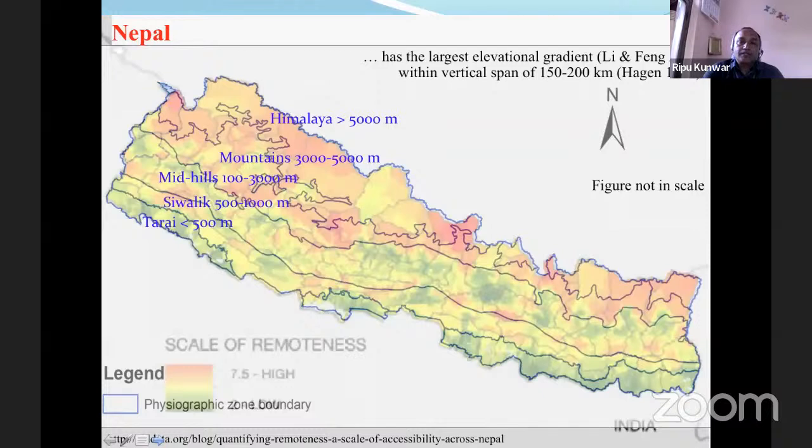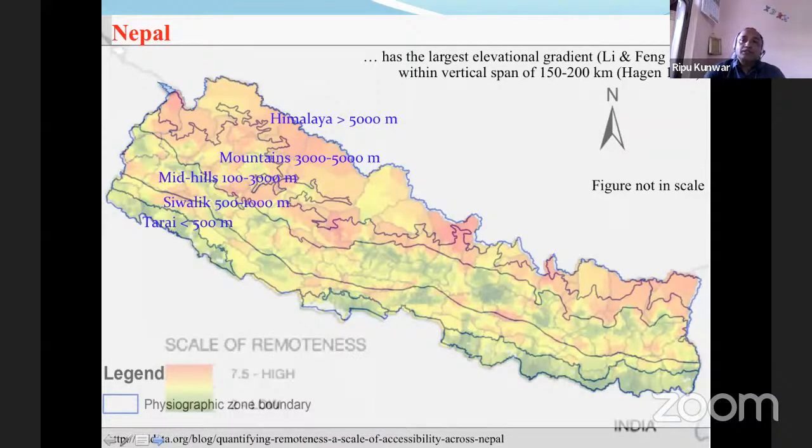Here is the elevation gradient. This is the data available on the USAID website, and this figure gives us the remoteness index of the country. Most of the northern part of the country is relatively inaccessible, whereas the southern belt is relatively accessible.